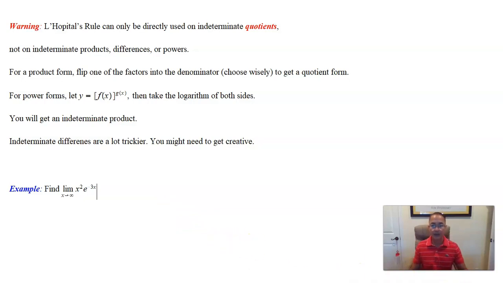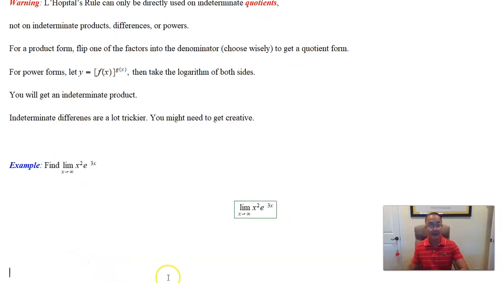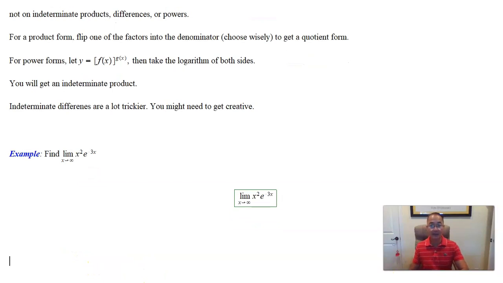Let's set this up. We want to flip one of the factors into the denominator, so we're going to make a fraction.